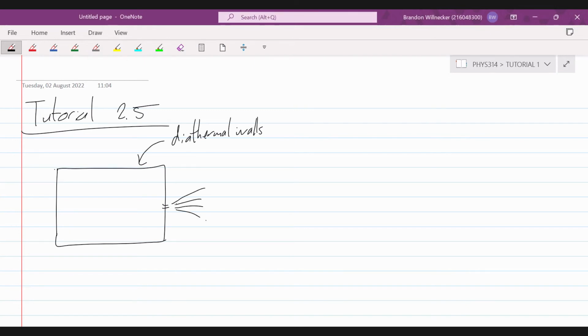And the question says that this is an isothermal process. Okay, so inside the box, we have n moles of gas, and it's at a pressure P with volume V. Okay, so that gives you the macro state inside the box.